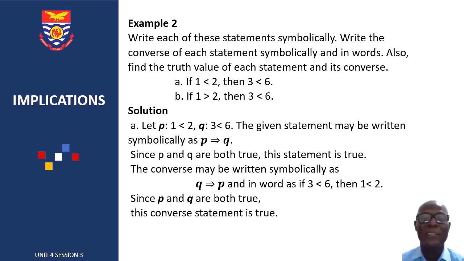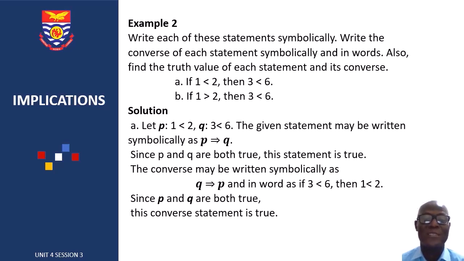And for implication, P implies Q is true, except if the first statement is true and the second statement is false. But since P, 1 is less than 2, is true, and Q, that is 3 is less than 6, is also true, we conclude that the statement is true.